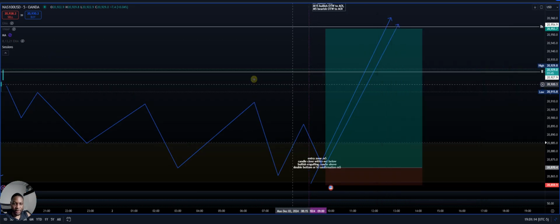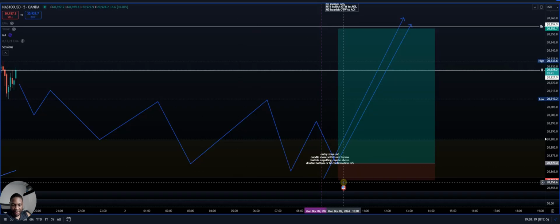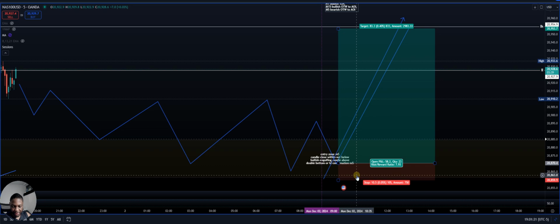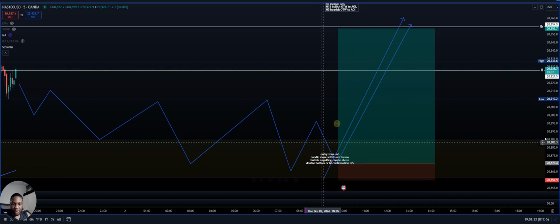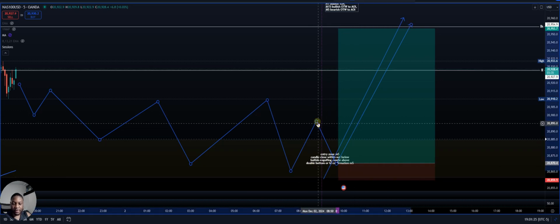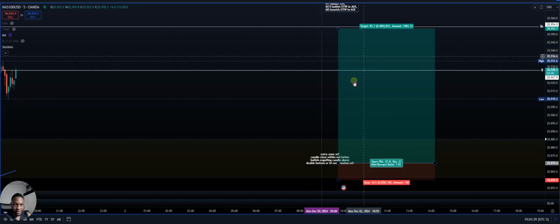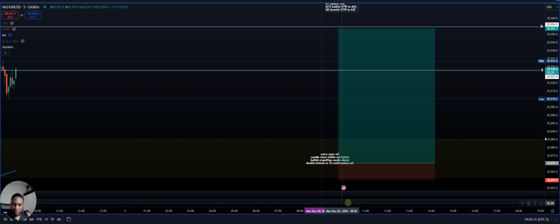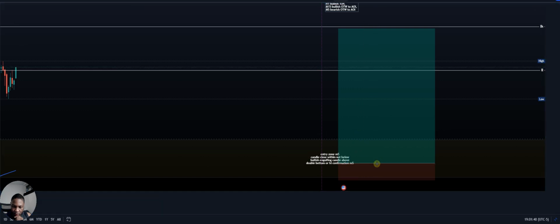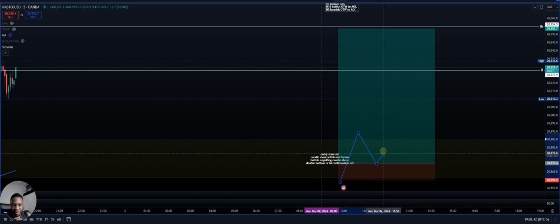So let's say we took our entry here and we got stopped out, the candle closed below, that's one loss, right? We're going to wait for the price to come back above this level, ideally come below, make a higher low, and we can try for another entry, right?